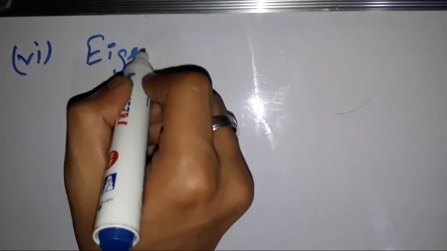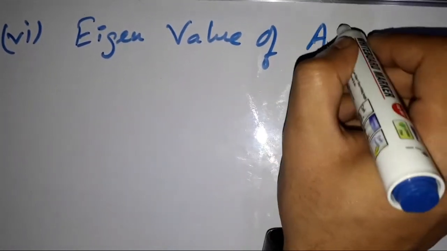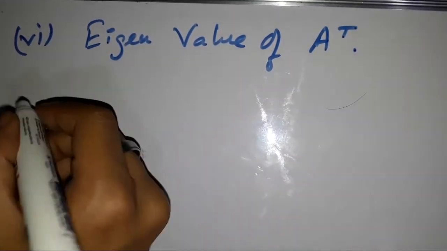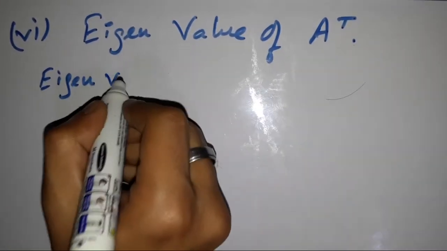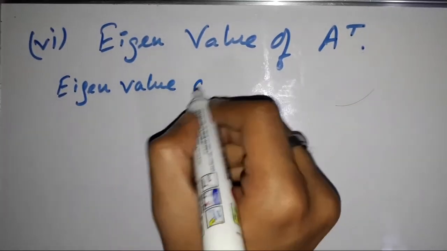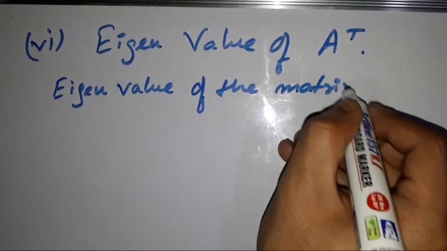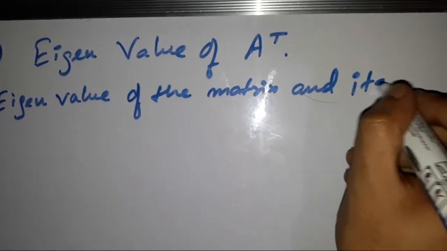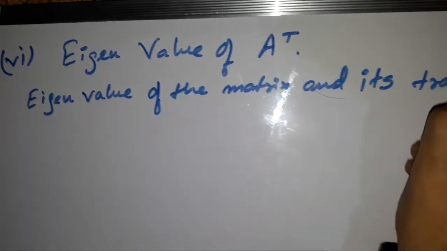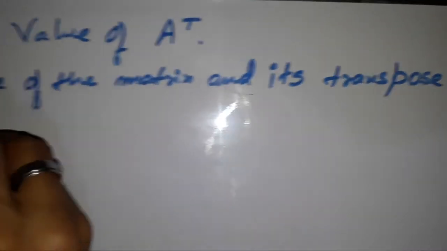Here we know that the eigenvalues of a matrix and its transpose are the same.